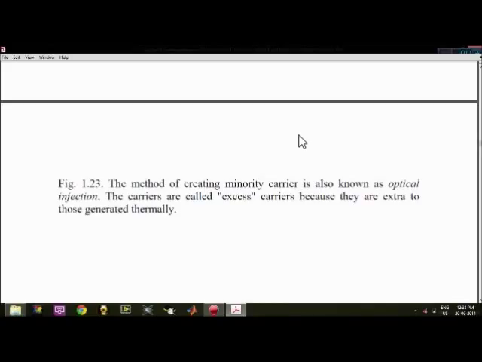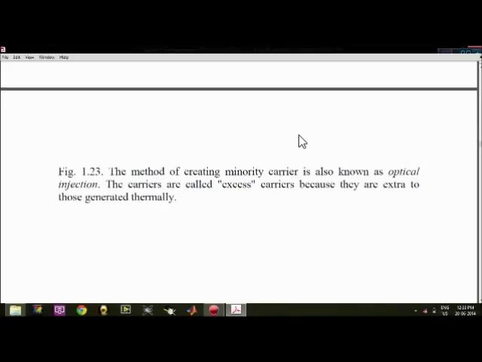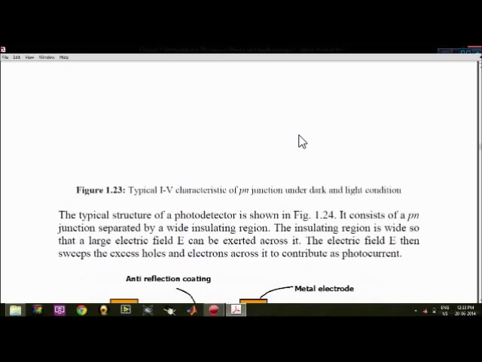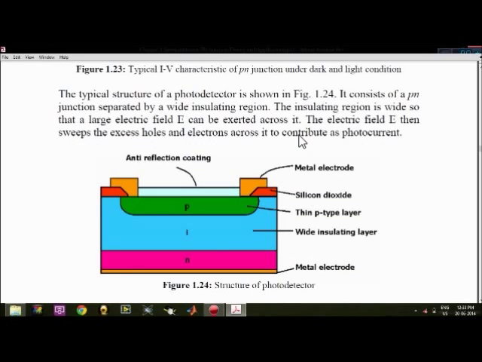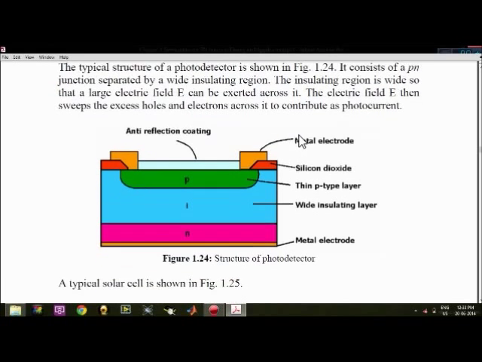This method of creating minority carriers is known as optical injection, and the carriers are called excess carriers because they are extra to those generated thermally. And this is the typical structure of a photodetector. All these applications are just on the basis of how they are biased and the region characteristics in which they are working.